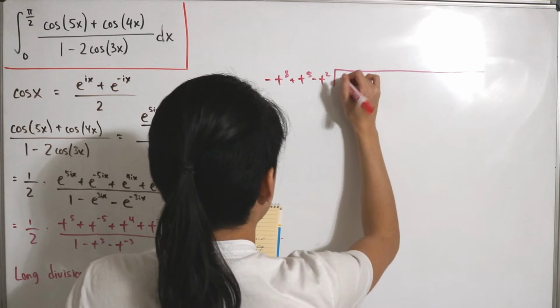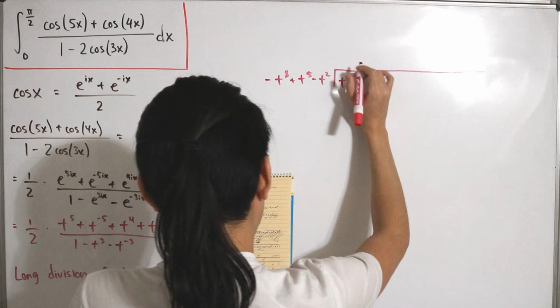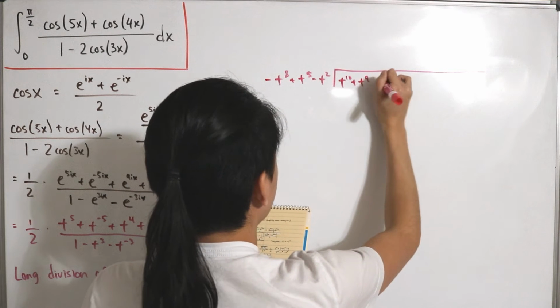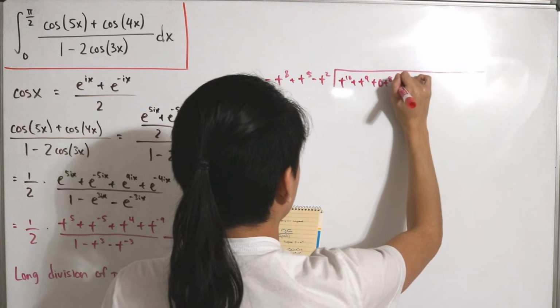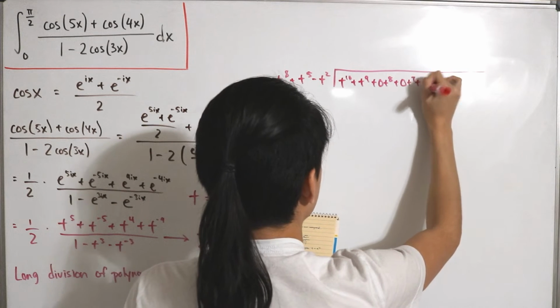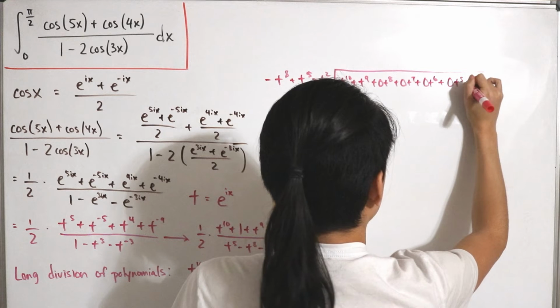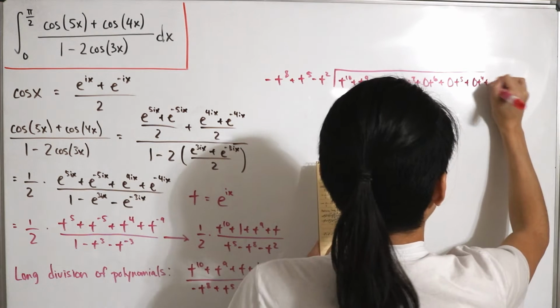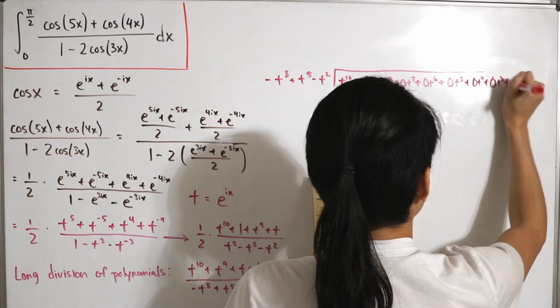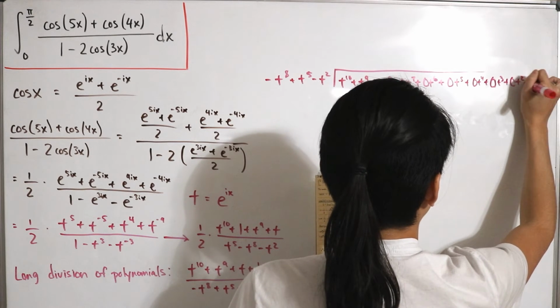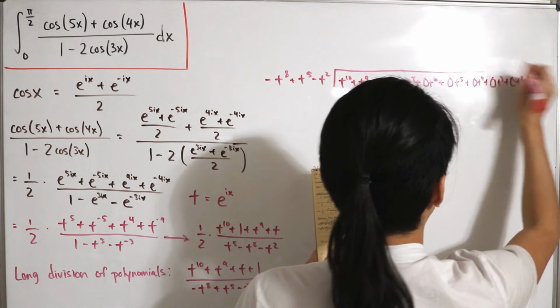So we have t to the power 10, plus t to the power 9, plus 0t^8, plus 0t^7, plus 0t^6, plus 0t^5, plus 0t^4, plus 0t^3, plus 0t squared, plus t, and then add 1.